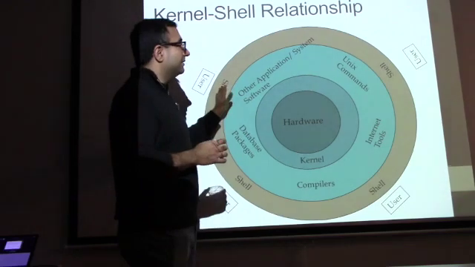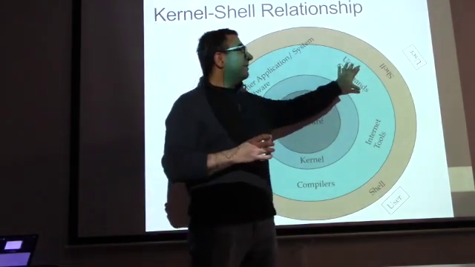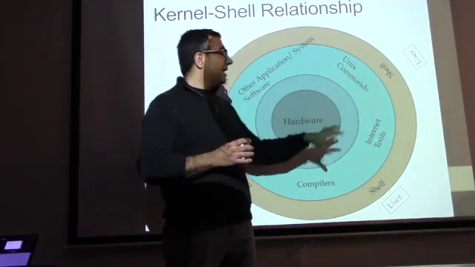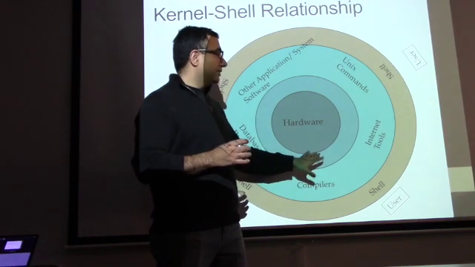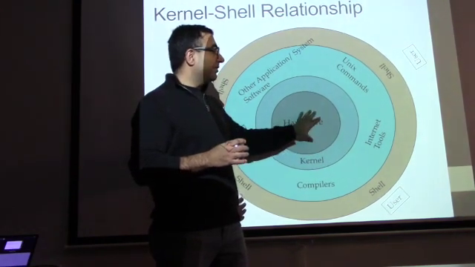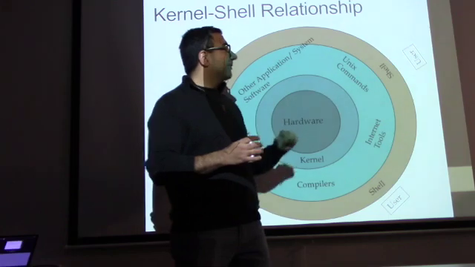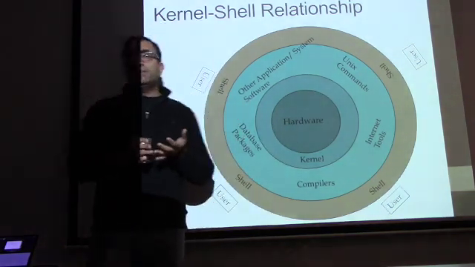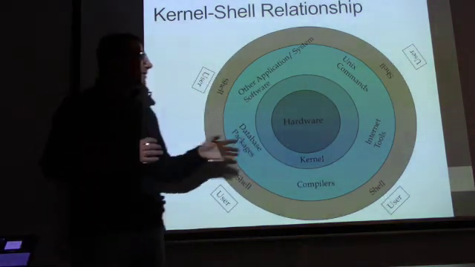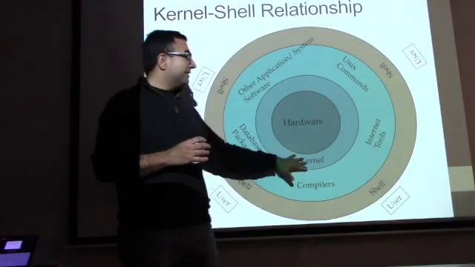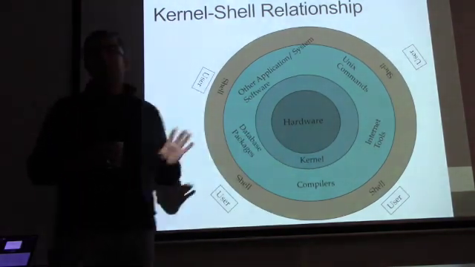In the layer of the shell, you have specific Unix commands that will give you access to the kernel, which can also then act on your behalf on the hardware. But based on your permissions, based on the commands that you enter, the kernel decides whether you will have access to hardware or not.